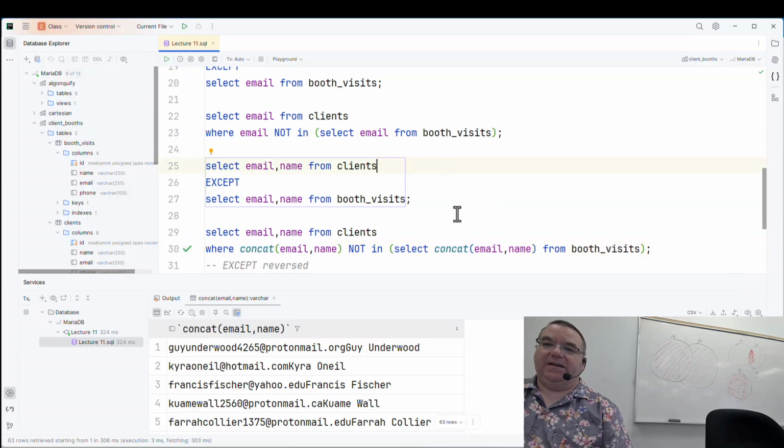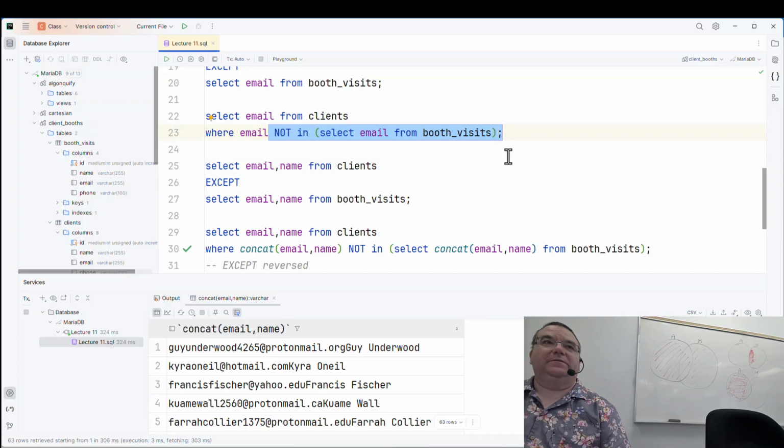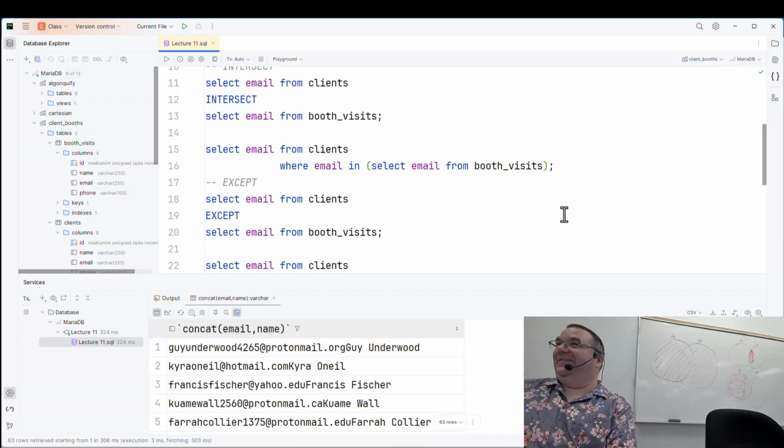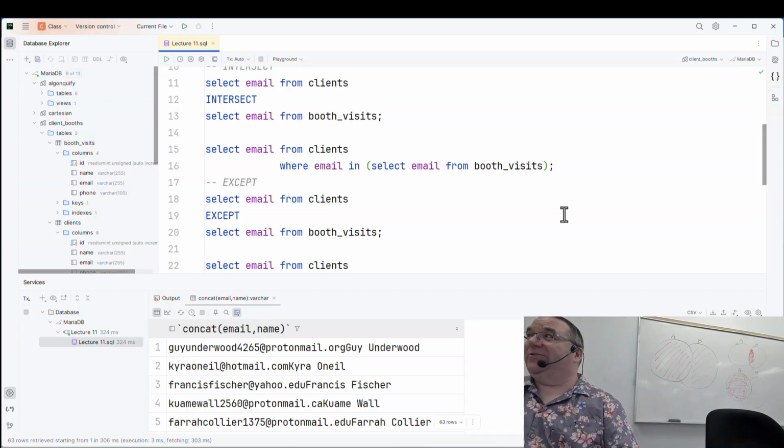So back in the day in MySQL and MariaDB, before they supported proper accept or intersect, this is how you did it. You did a subquery with a not in. Or you do a really weird join where you do a left join or right join, and then you add some weird parameters in your where clause to exclude the ones from one table. So it would give you the intersect by using a join. Yuck. But there's ways around it.